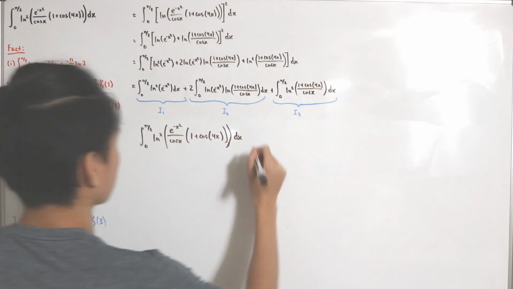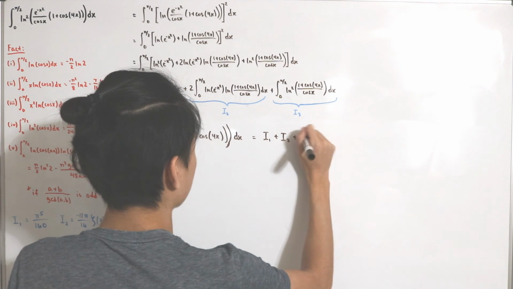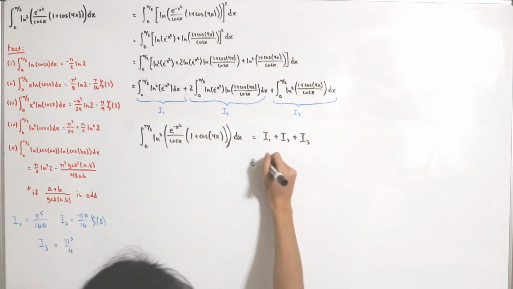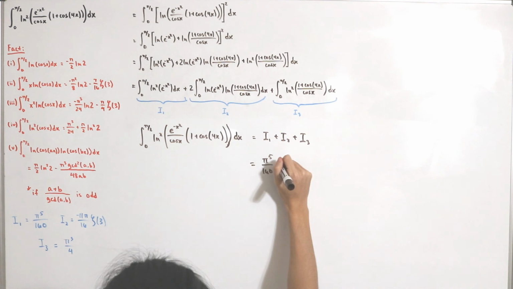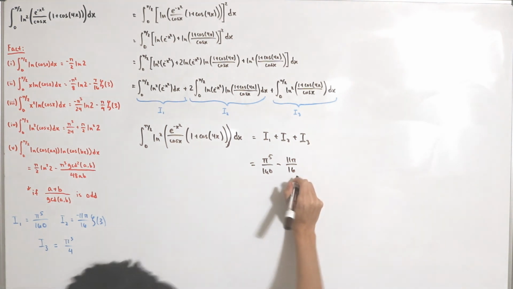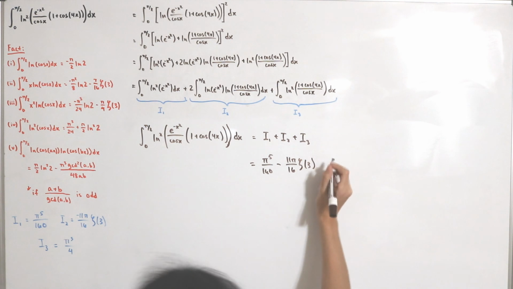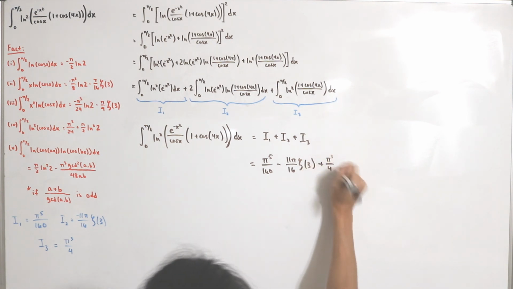That's simply equal to I1 plus I2 plus I3, and just plugging in our values, we get pi to the 5th divided by 160, minus 11 pi divided by 16 multiplied by the Apéry constant, and then plus pi cubed divided by 4.